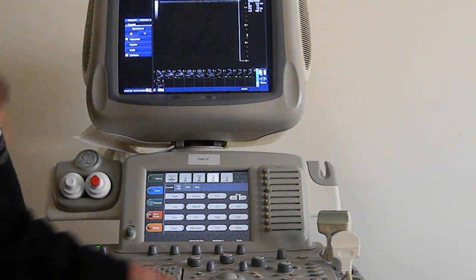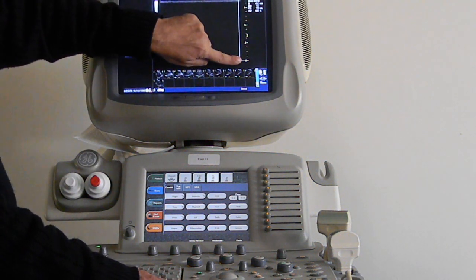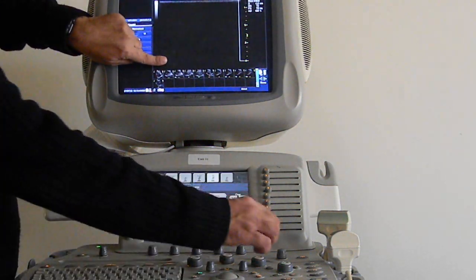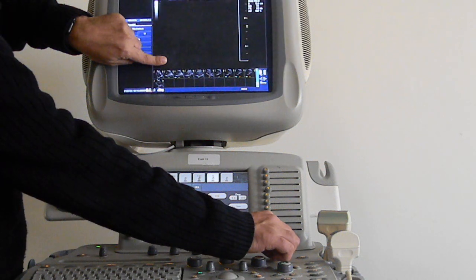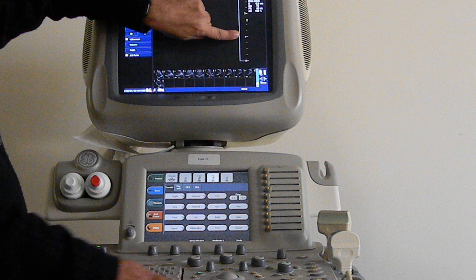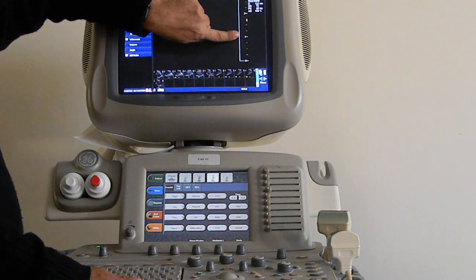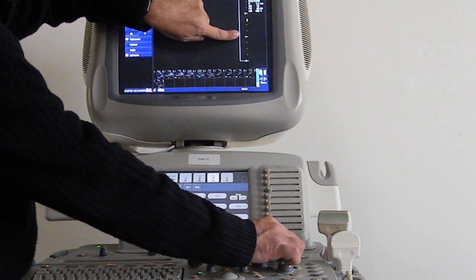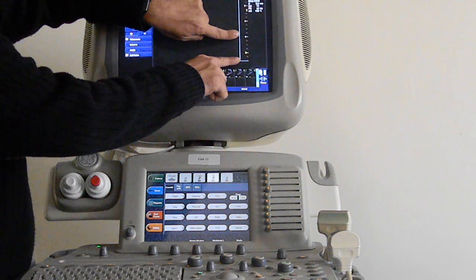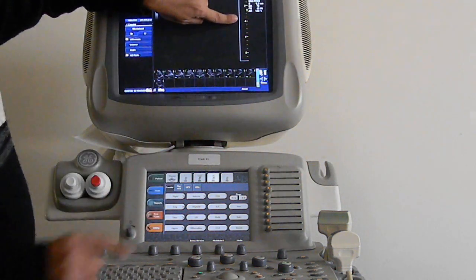So literally, there's a structure which was at a depth of 4 centimeters, which you have seen down here right now. If we increase the depth, that structure which before was down here is now going to move up here. You increase the depth further. 4 centimeters first was down here, then came here, now it's going to be here.